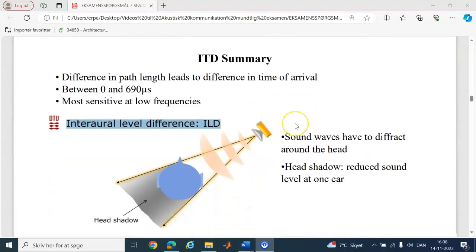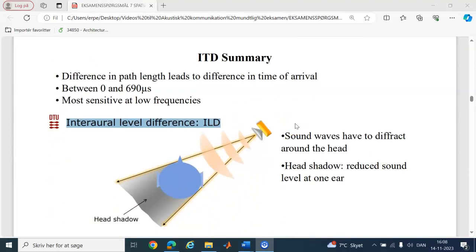ITD summary: a difference in path lengths leads to a difference in time of arrival, between 0 and 690 microseconds. Most sensitive at low frequencies.